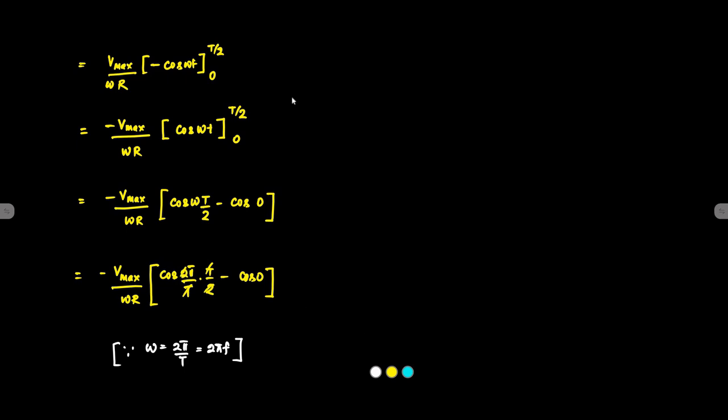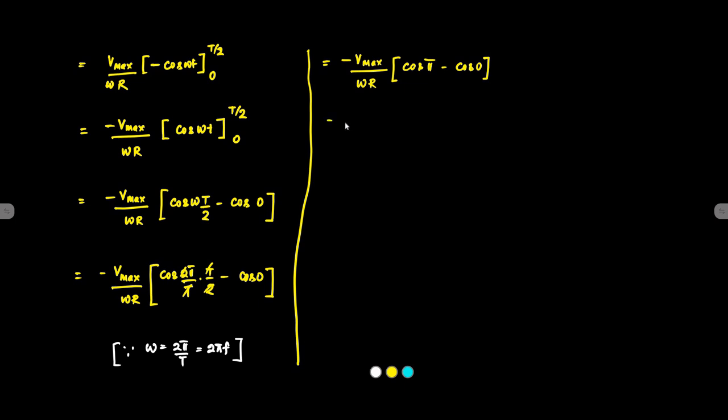So here we'll have minus V max by omega R, cos pi minus cos 0.